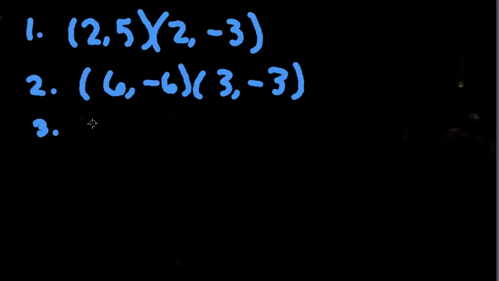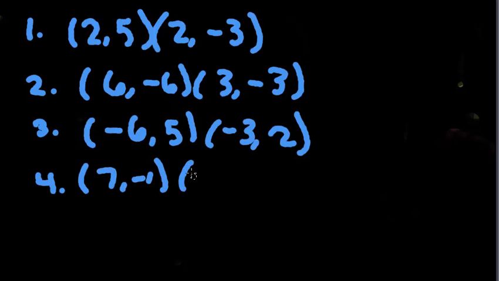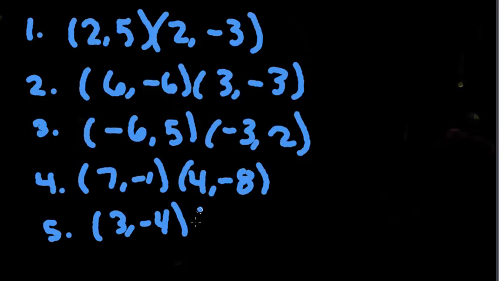Problem number 3 will be (-6, 5) and (-3, 2). Problem number 4 will be (7, -1) and (4, -8). And then our last problem will be (3, -4) and (5, 6).